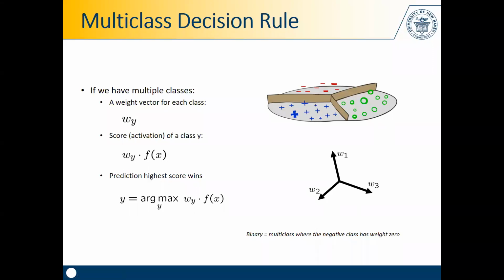That makes sense, right? So the class that has the highest value of activation is the most likely class. Think about this for a second. We'll come back to this and dive into the details of what I just said a bit more.